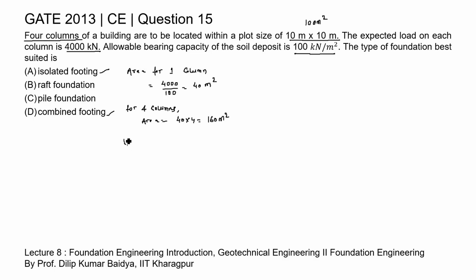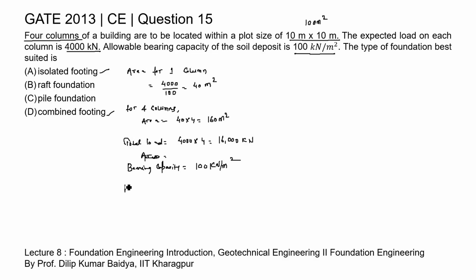So total load is 4000 into 4, that is 16,000 kilonewton, and the bearing capacity of the soil is given as 100 kilonewton per meter square.